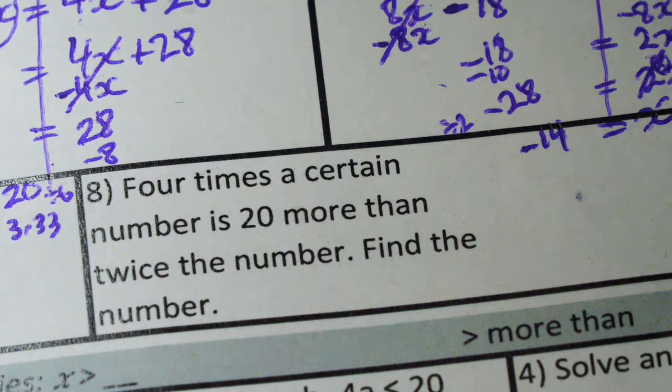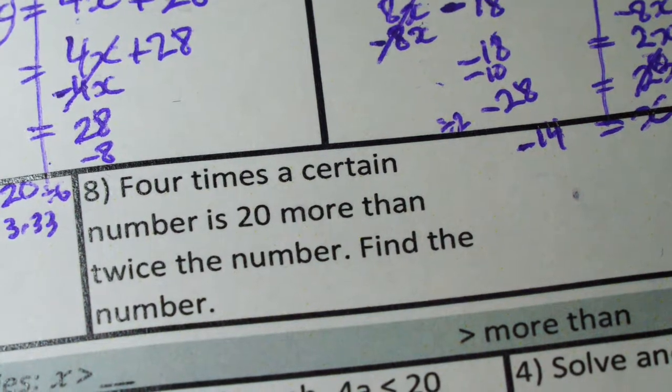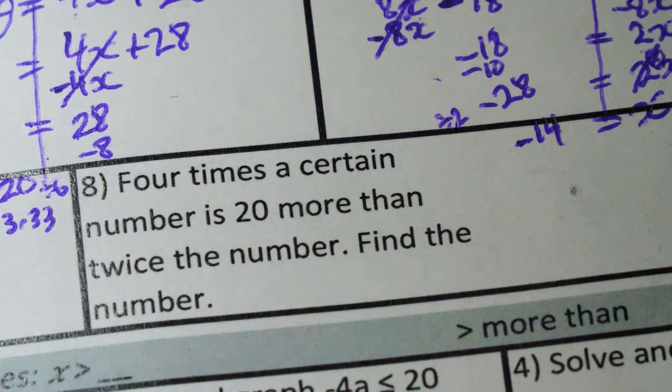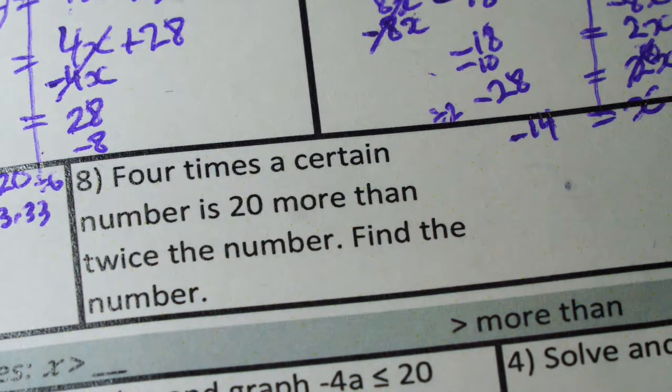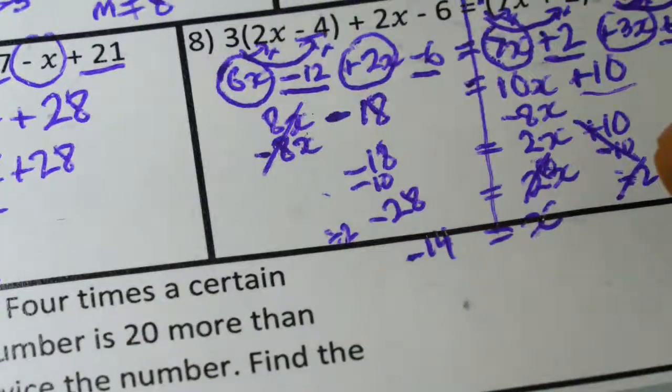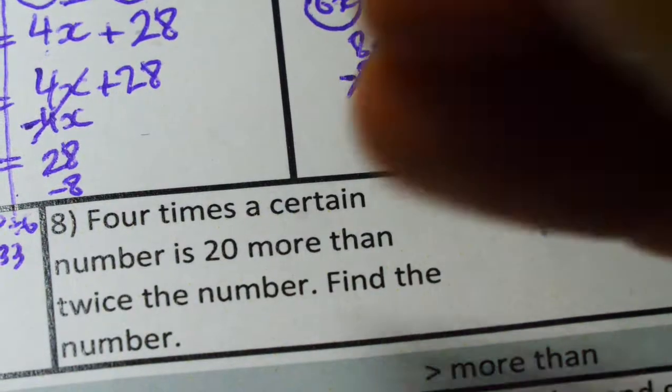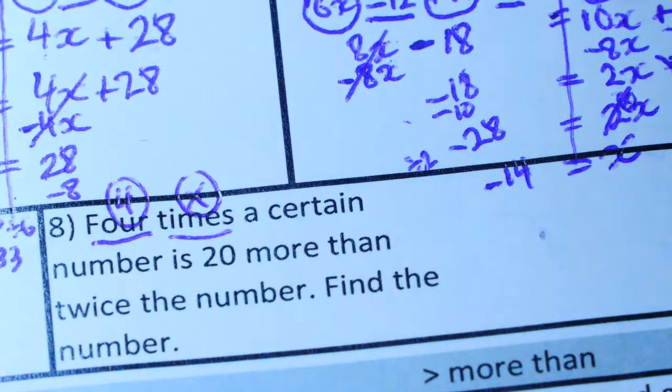Last question, question 8. 4 times a certain number is 20 more than twice the number. Find the number. So again, I'm going to write down what each part means. 4 times, so we have the number 4 times a certain number.